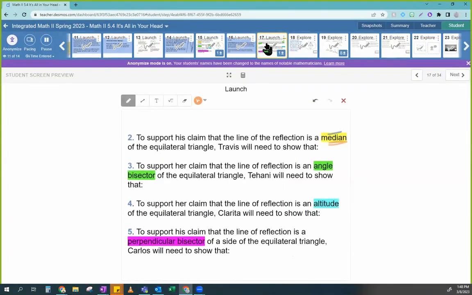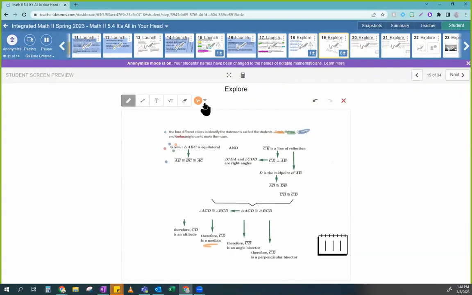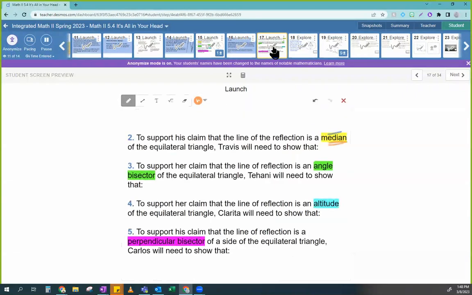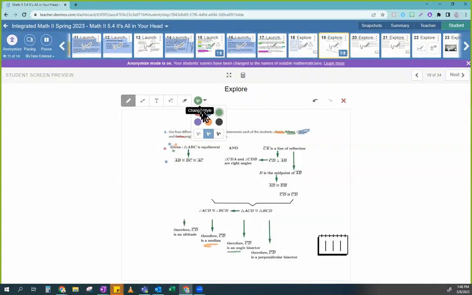And then over here we have angle bisector is green. So we're going to go with green for angle bisector. Does everybody see this? You would need this one. So blue is altitude. And therefore red is going to be perpendicular bisector.